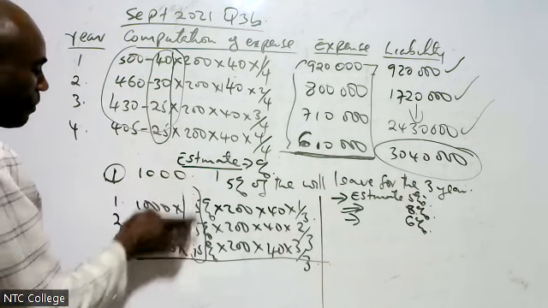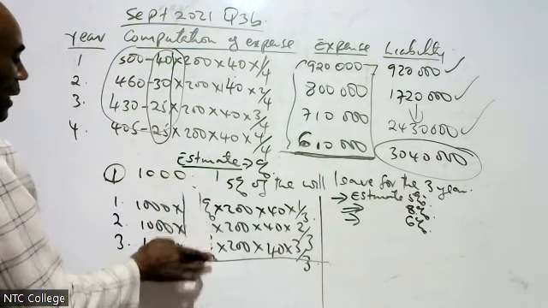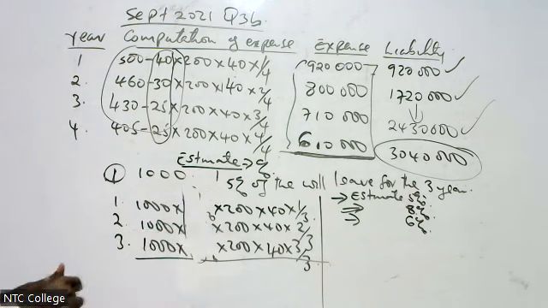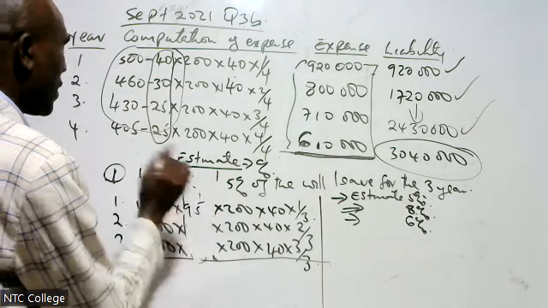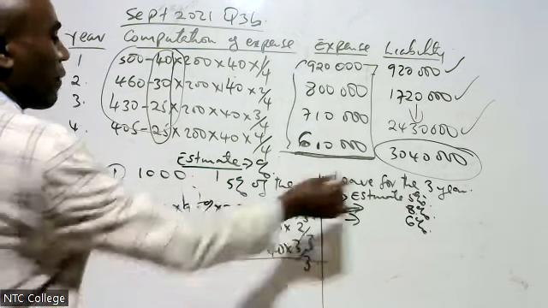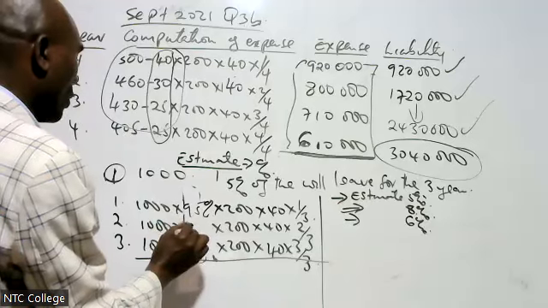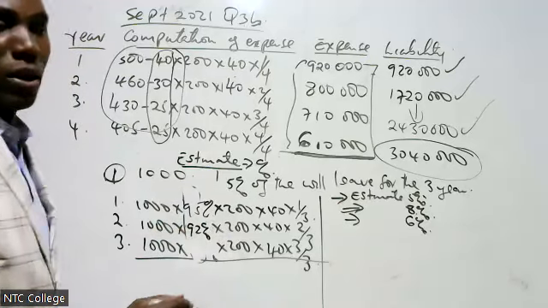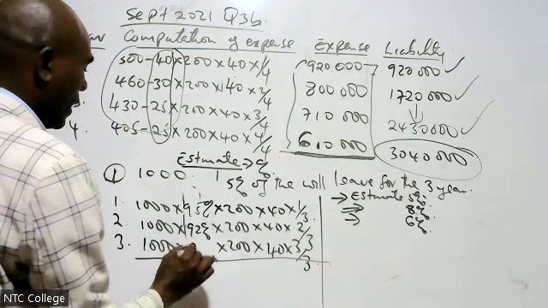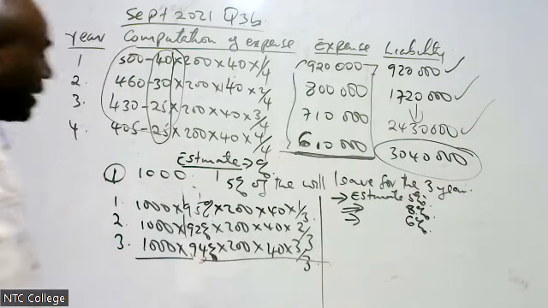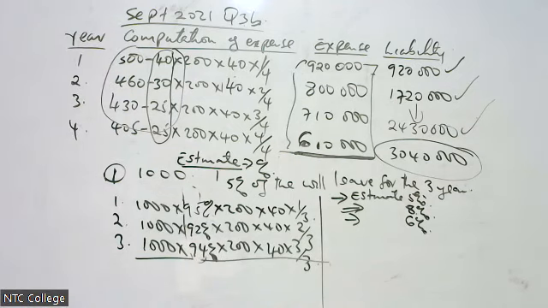Therefore, here I will use 95% as usual because of the 5%. When I come to year 2, I use 92% because it was revised to 8%. When I come to year 3, it becomes 94%, because it was revised to 6%. Therefore, we are going to use 94% here because of the revision.